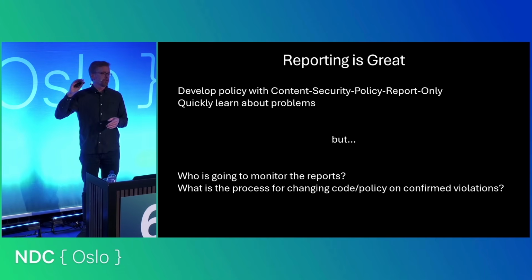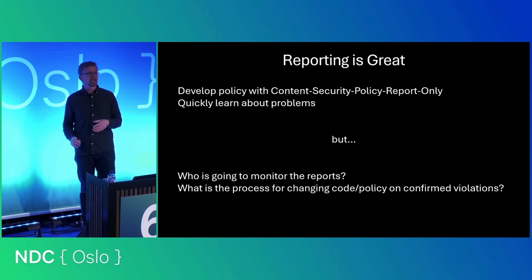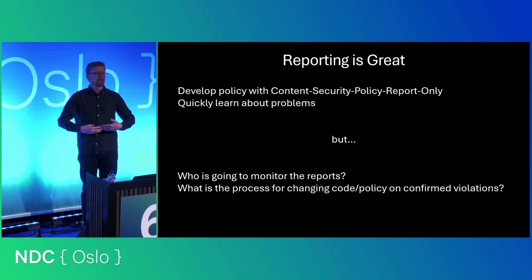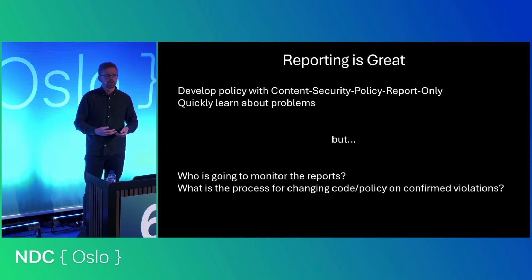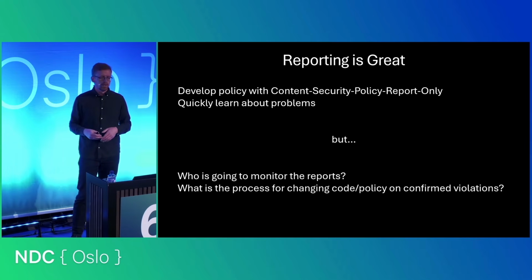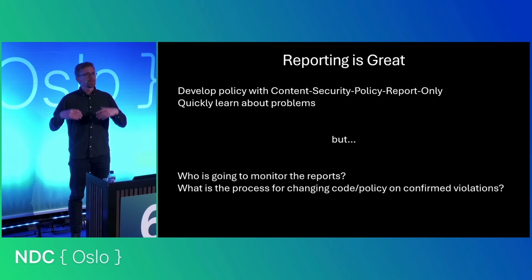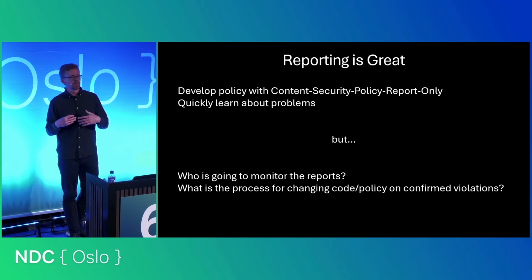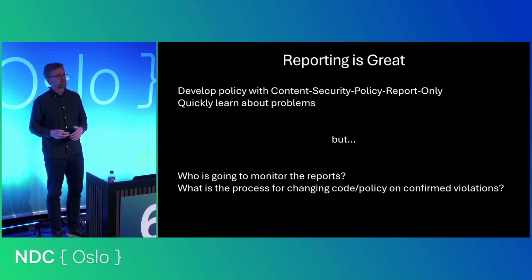Then I would have gotten all the errors at once. Now, I did iterations, allowing one thing, then I had to allow another thing. First you had the scripts, then the scripts tried to get some data, and I had to add that to connect source. It was loading another script. If you do it with content security policy report only, you get everything at once.